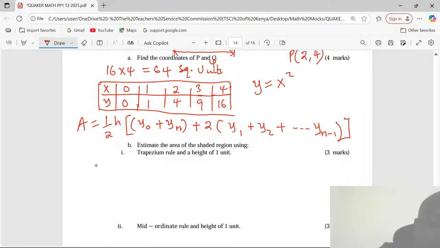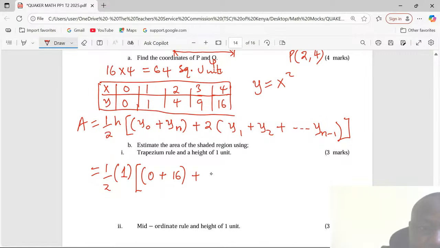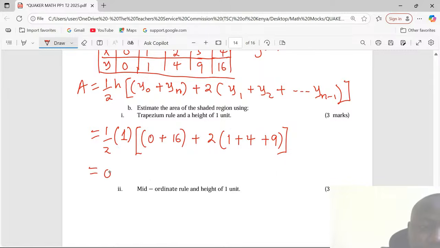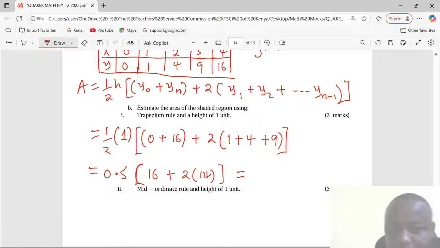So we need half multiplied by 1. Then the first height is 0, the last one is 16, plus 2 multiplied by the heights in between. So this is 0.5 times 16 plus 2 multiplied by 14, so 28 and 16 is 44, times half.